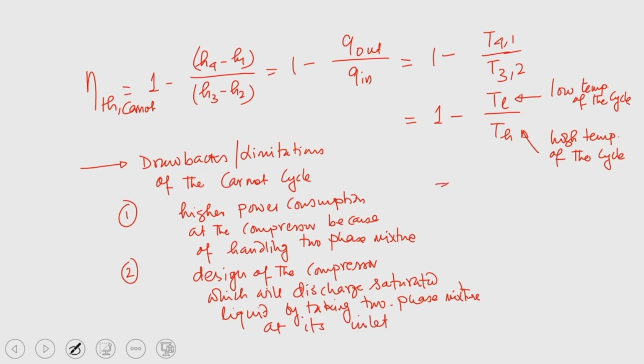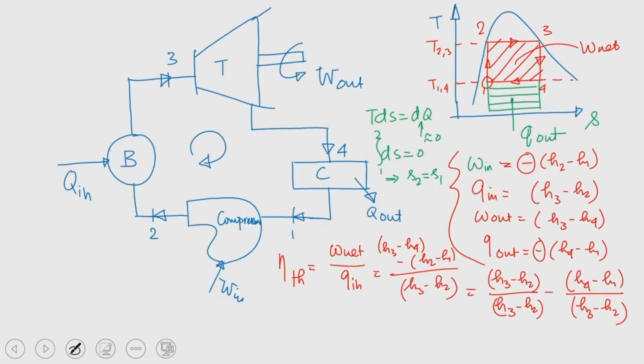Number 3, so these two are the two different drawbacks we have identified. What is number 3? Now you look at the processes 3-4 and 4-1. If we look at process 4-1, you know that the condensation process starts at point 4.